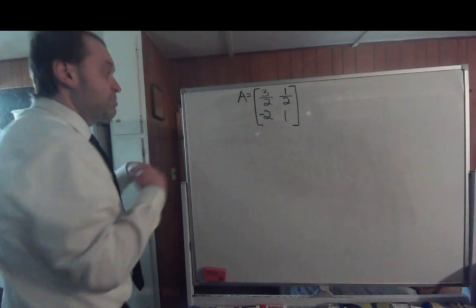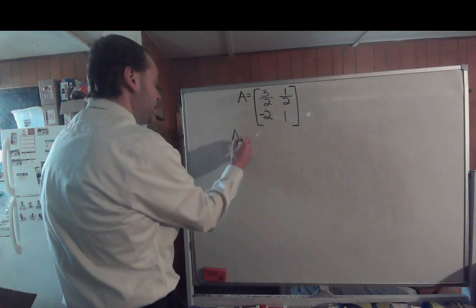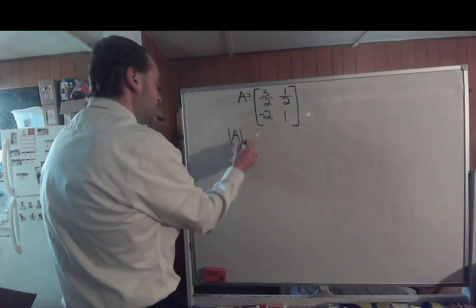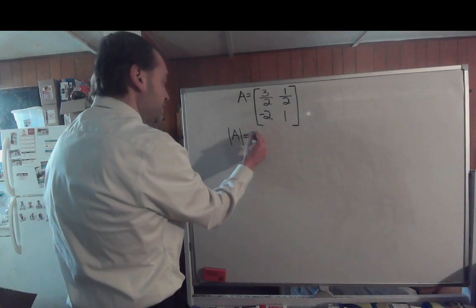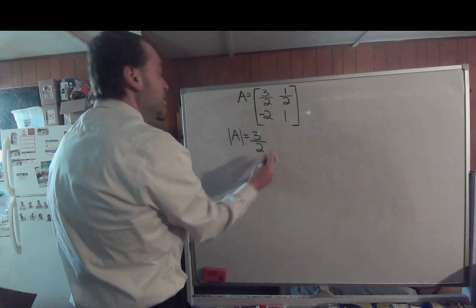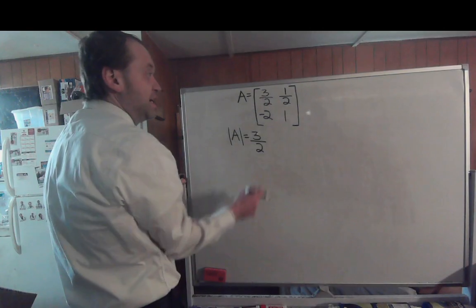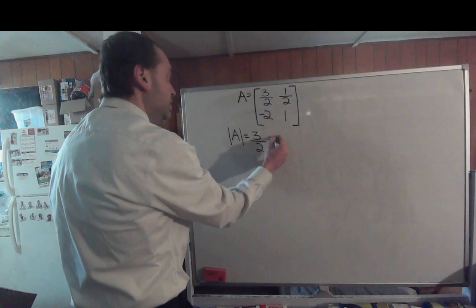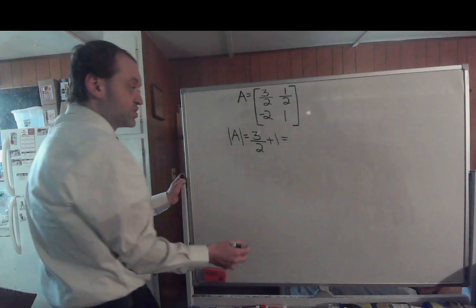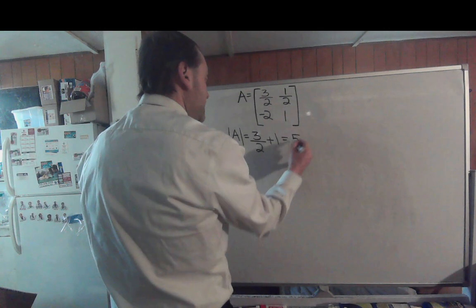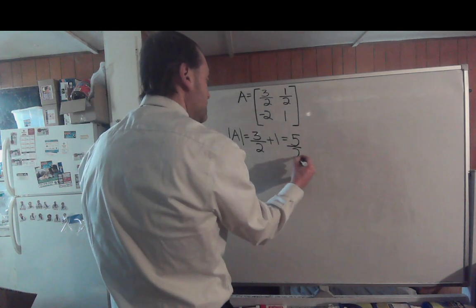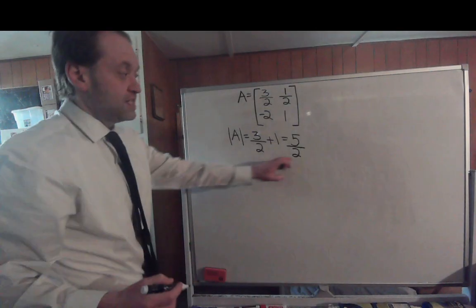So let's start out by finding the determinant of A. So, of course, 3/2 times 1 is 3/2. Minus 1/2 times -2, that would turn into +1, which is going to give you a determinant of 5/2. So the determinant of A is 5/2.